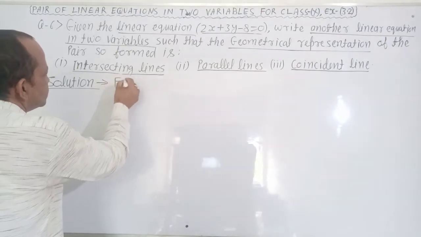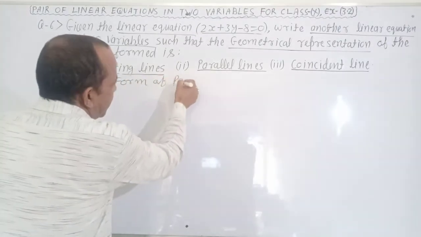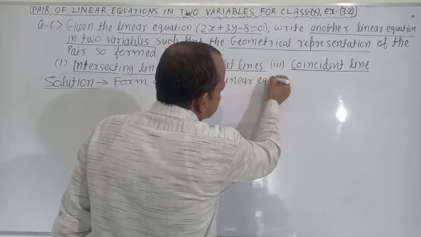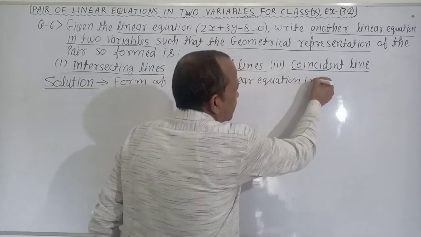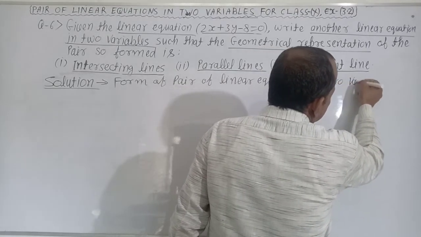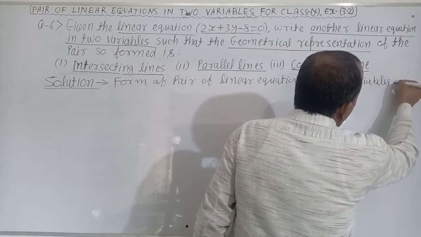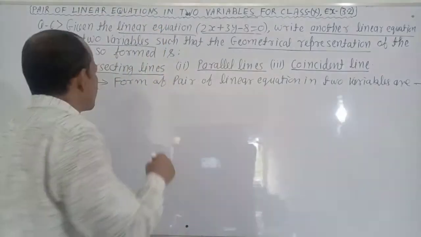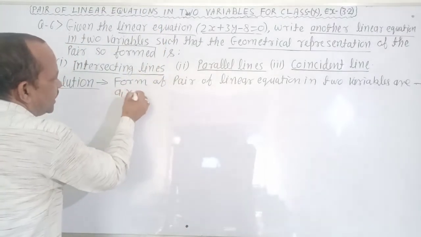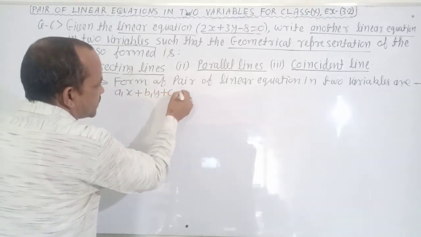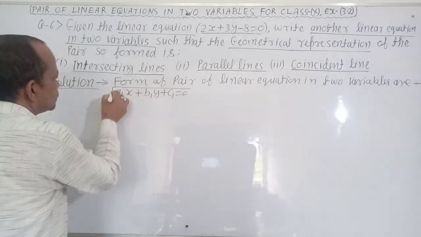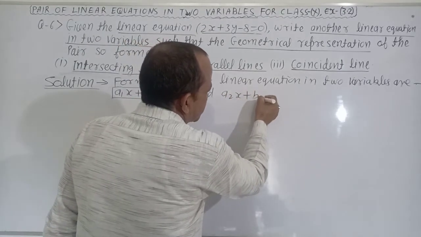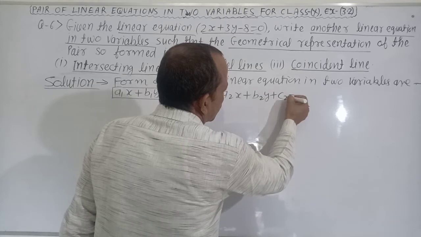Form of pair of linear equations in two variables are a1x plus b1y plus c1 equal to 0 and a2x plus b2y plus c2 equal to 0.